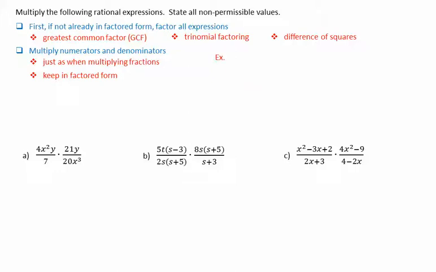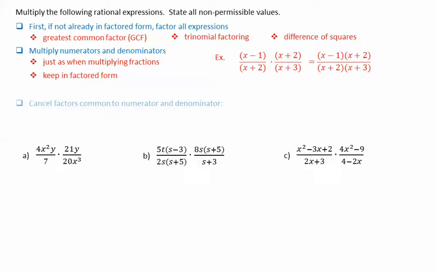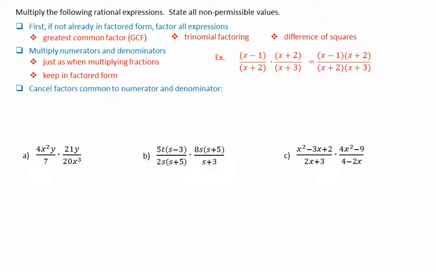As an example, for x minus 1 over x plus 2 times x plus 2 over x plus 3, note here they are already in factored form. Multiplying gives x minus 1 times x plus 2 over x plus 2 times x plus 3. Then cancel out the factors that are common to the numerator and denominator.